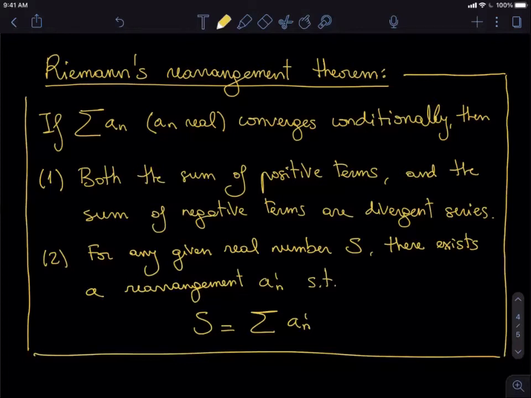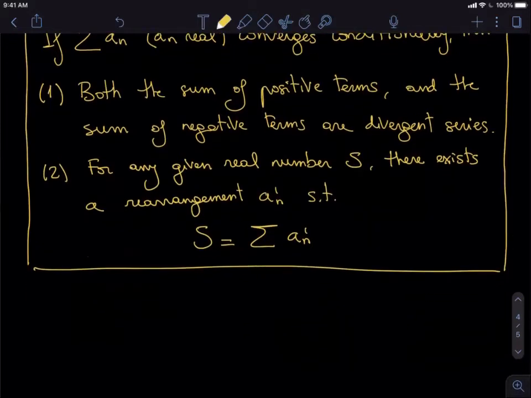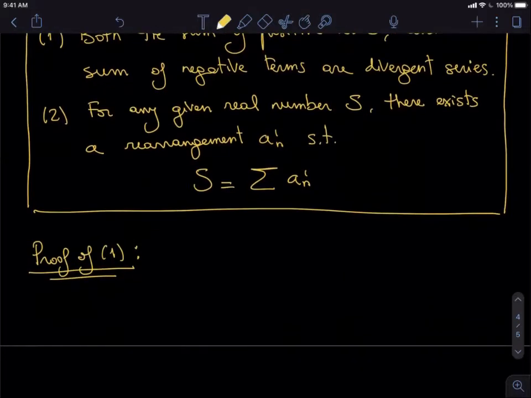So let's start with the proof of part one. Here, the first thing we need to notice, let's call that step one. Here we notice that a conditionally convergent series must have positive and negative terms.